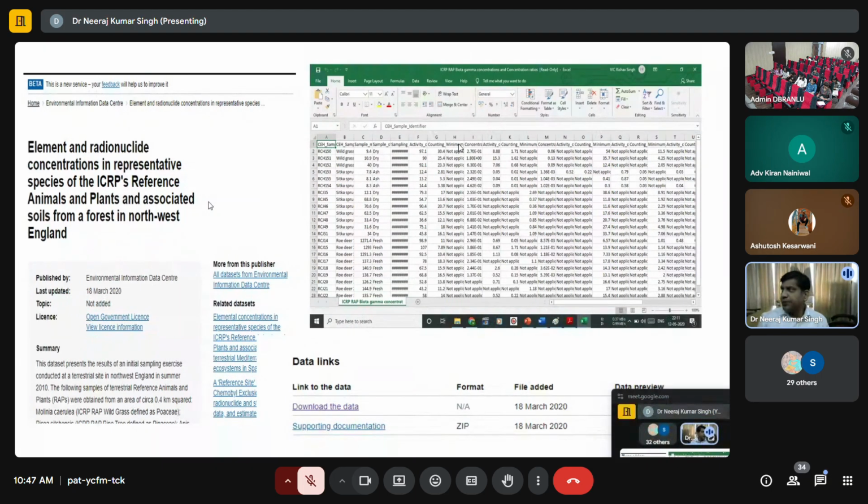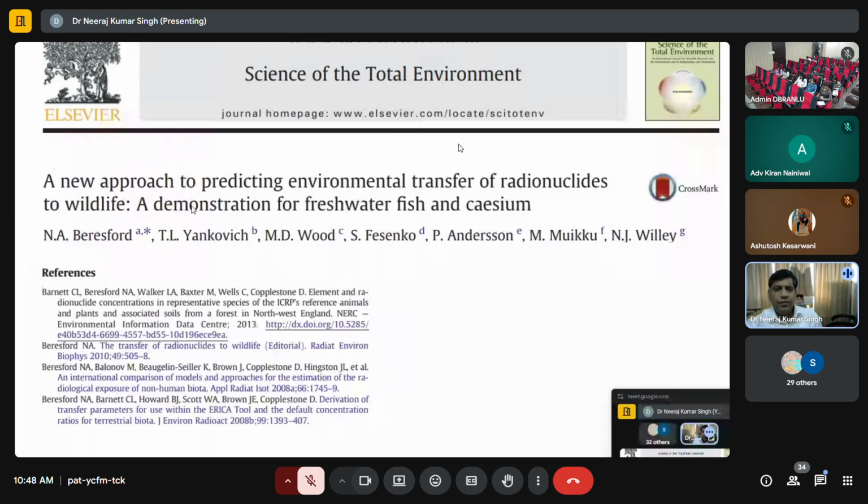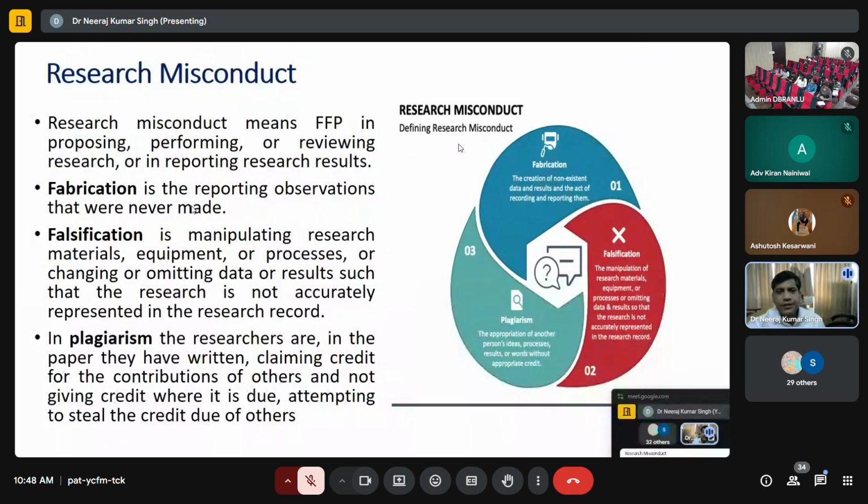In the supplementary data, you can upload all the research data which you have collected and compiled.